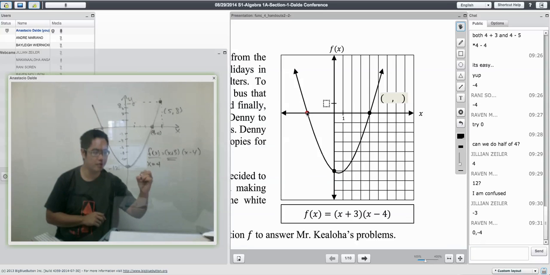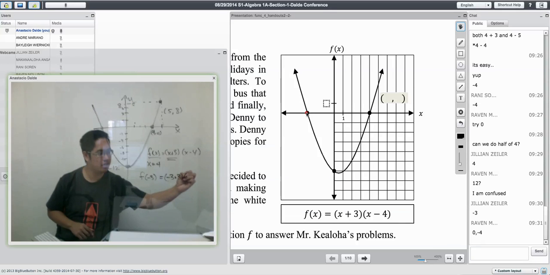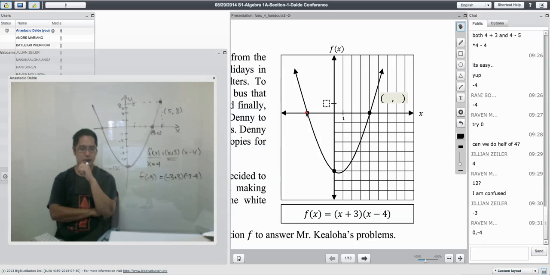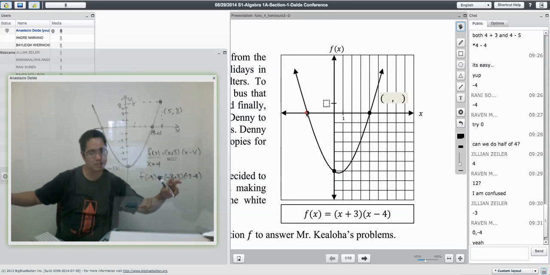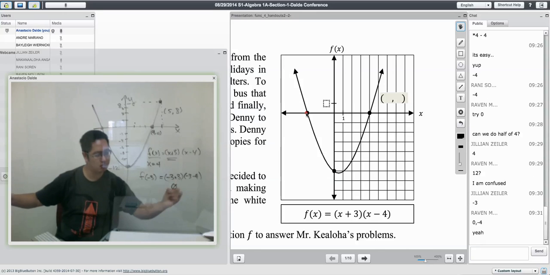If I plug in f of negative 3, I'm going to figure out what f of negative 3 is. That's negative 3 plus 3 times negative 3 minus 4. Got it? This negative 3 plus 3, that's 0.